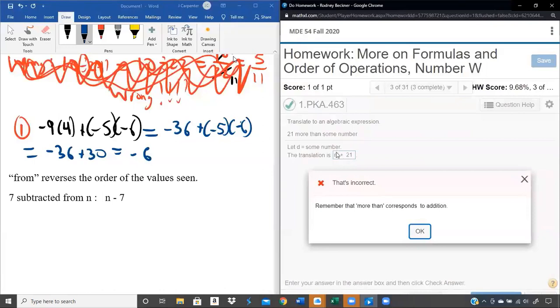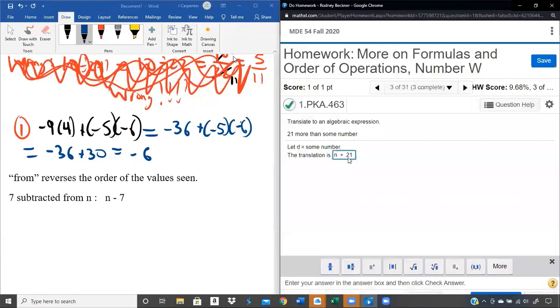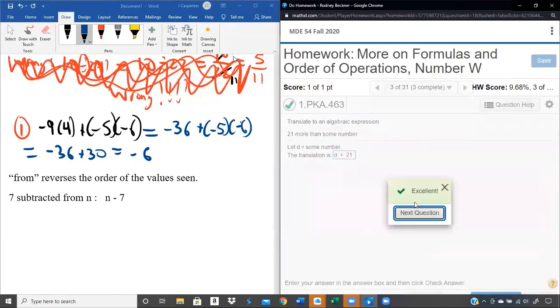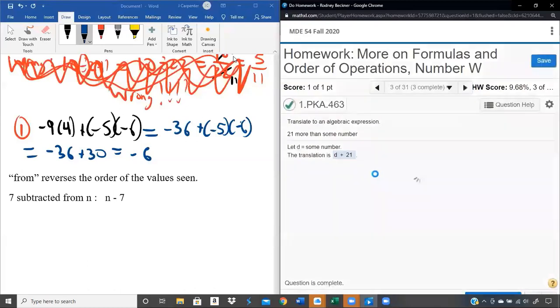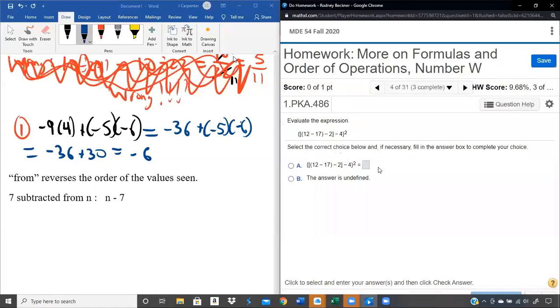Well, last time it was n, it should probably be n again, right? n plus 21. Uh-oh. We didn't pay attention, did we? Let D represent the number. So let's see if D plus 21 will work. And it does. So it would have taken 21 plus D or D plus 21. I tried to mislead you with the wrong letter, but we can see that we got the right answer.